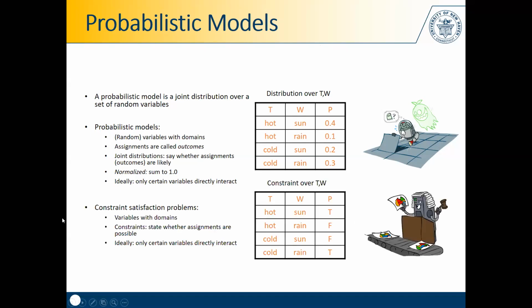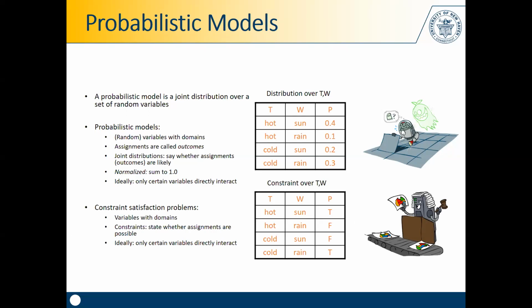Now, this is very similar and can be modeled as a CSP as well. Remember, in CSPs, we had variables with domains. Here we have random variables with domains. What would be the constraints in probabilistic models? The constraints here are stating whether the assignments are possible or not. And ideally, again, we only have certain variables directly interacting with each other.